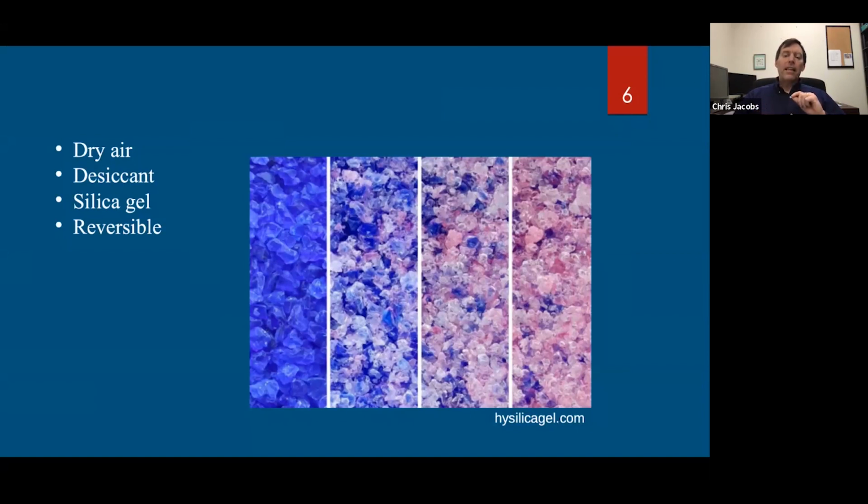Now this is a silica gel desiccant. Even though it says it's a gel, it's actually crystals. Like I said, they're about 1 millimeter, 2 millimeters in size. This is a reversible process. So once the desiccant has been exhausted or fully saturated, you can remove it from the machine and you basically just reheat it to about 120 degrees Celsius, and you are driving the moisture back out of the desiccant.